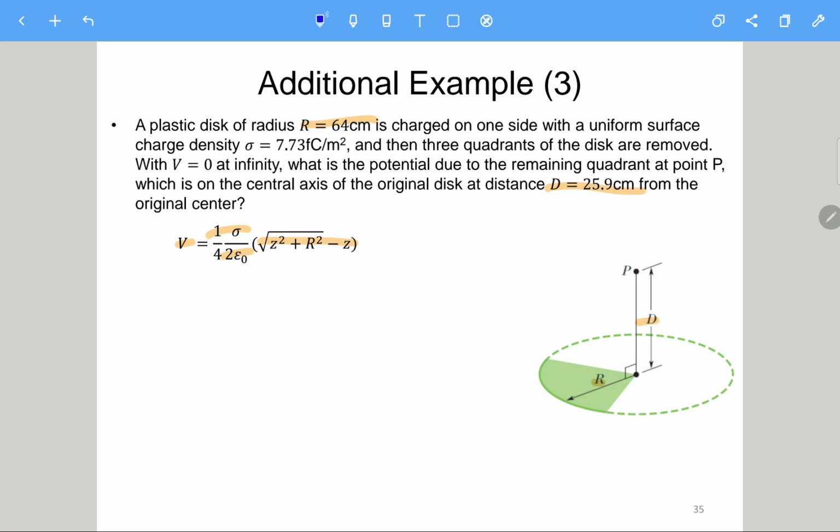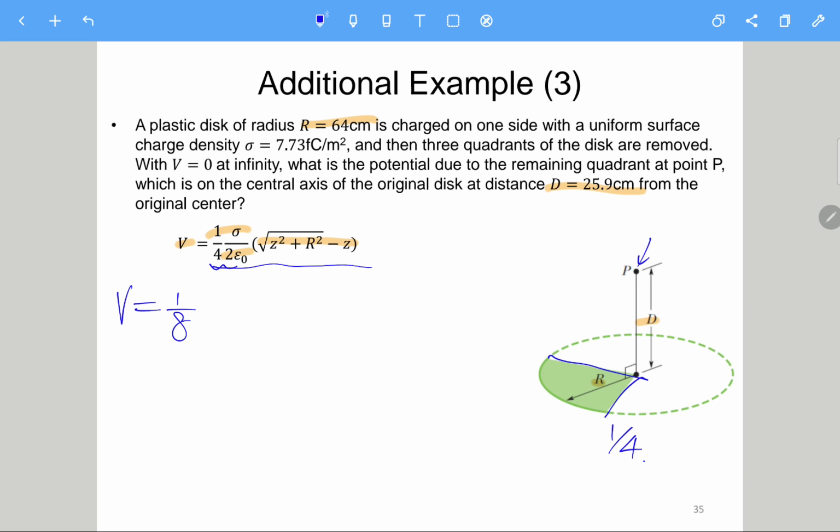We only have a quarter of the disc, so the potential at point P would be this expression. So V is like this, and it asks you to find the V actually.